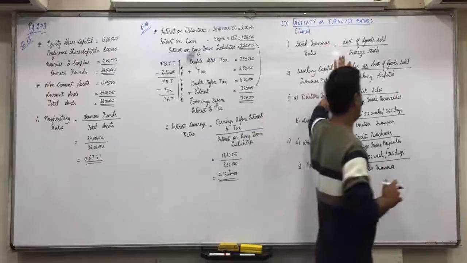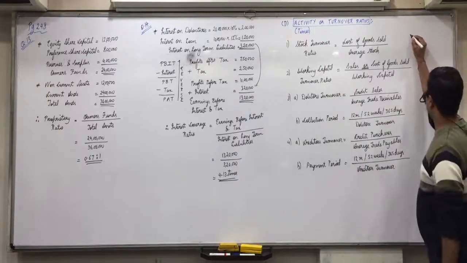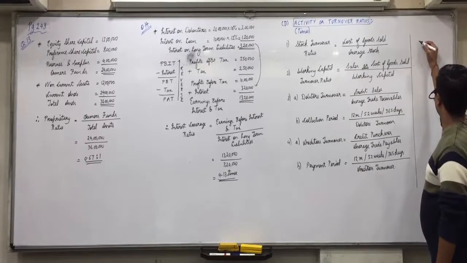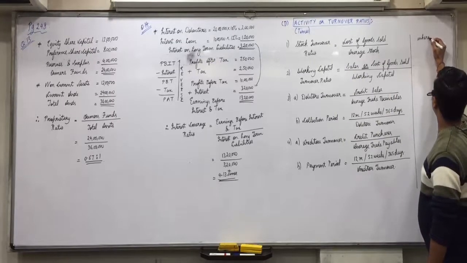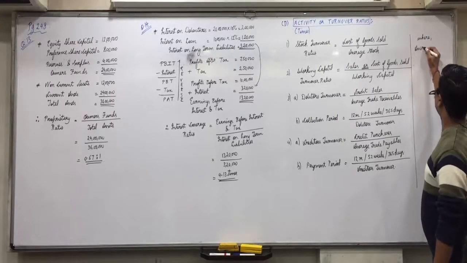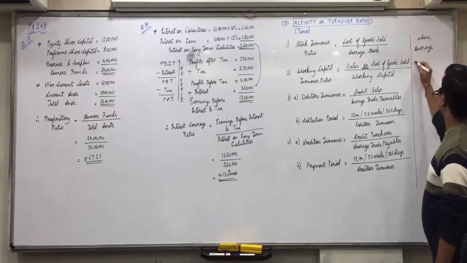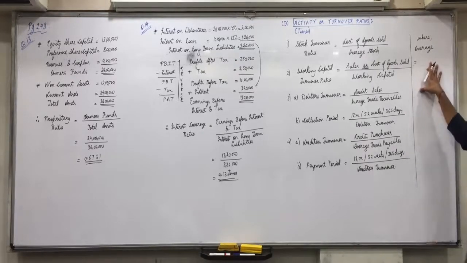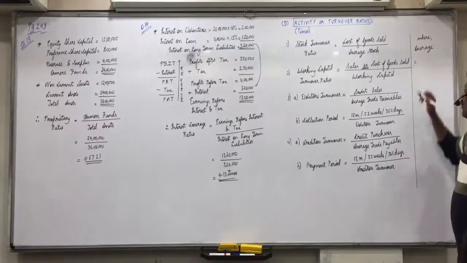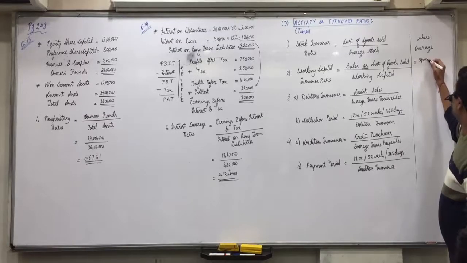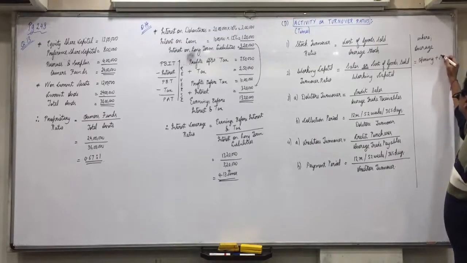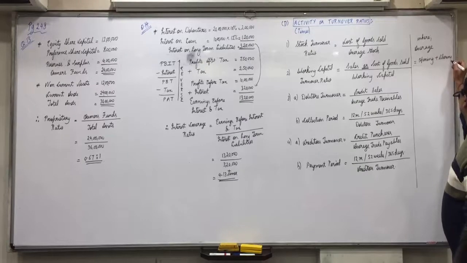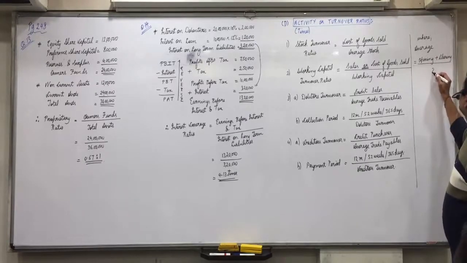Okay. Average, how do we have to do it? Write down at the bottom where average is equal to opening plus closing divided by 2.